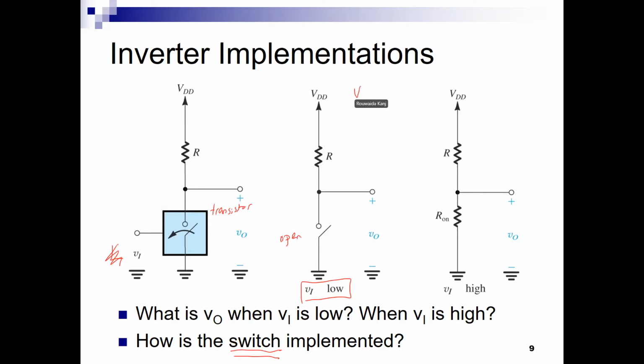In this case I have VDD minus VO over R, which is IR. But I know from KCL that IR equals I switch, which equals 0. In this case VO equals VDD. So the output is perfectly equal to VDD.